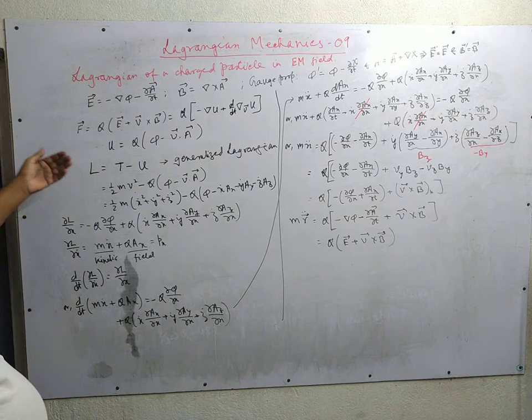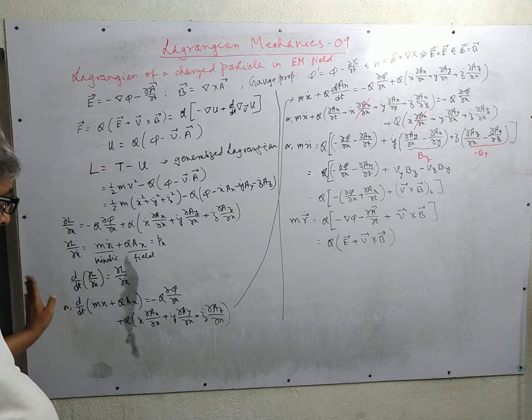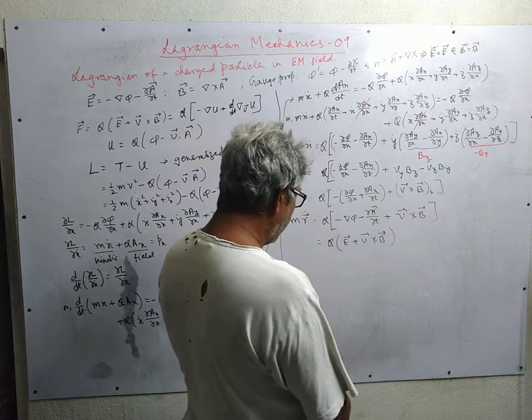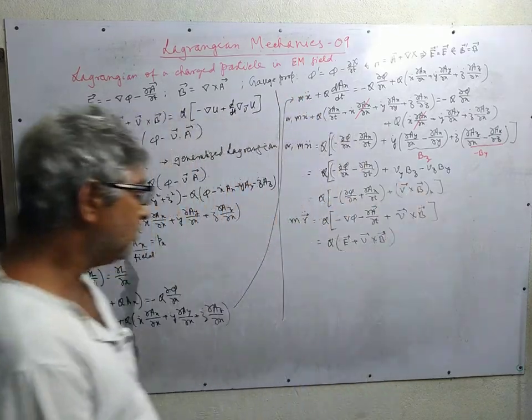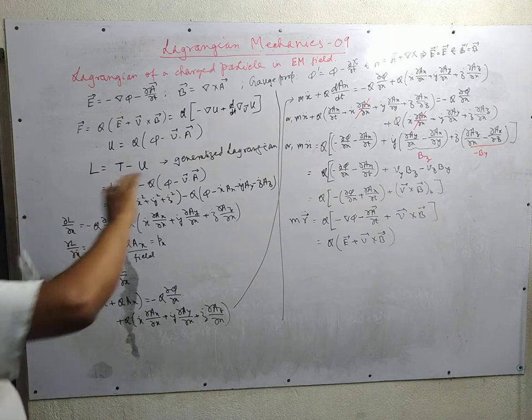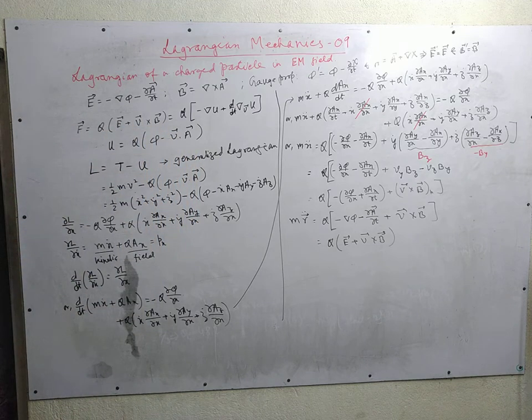Then we go to the Lagrange's equation corresponding to the generalized potential, and with certain mathematical manipulation we have ultimately arrived at the Lorentz force equation. So what we have established is that the behavior of a charged particle within an electromagnetic field can adequately be taken into consideration through this generalized potential.